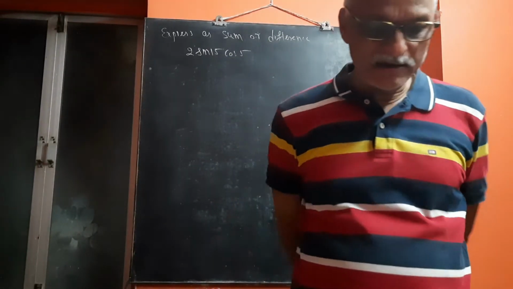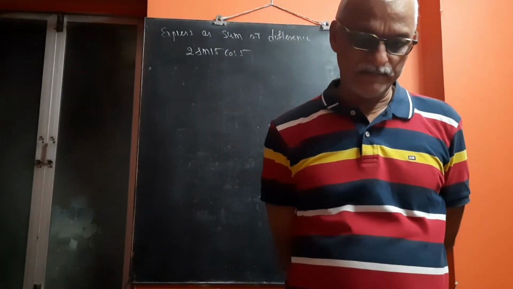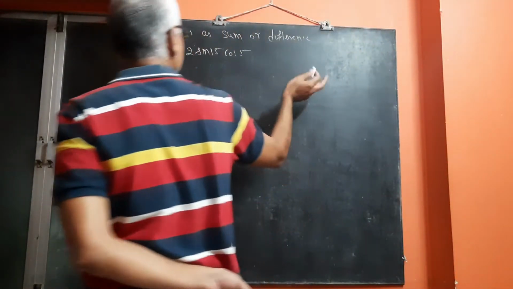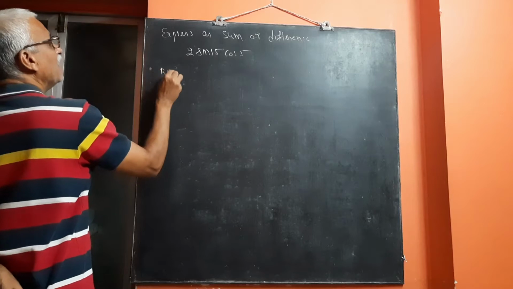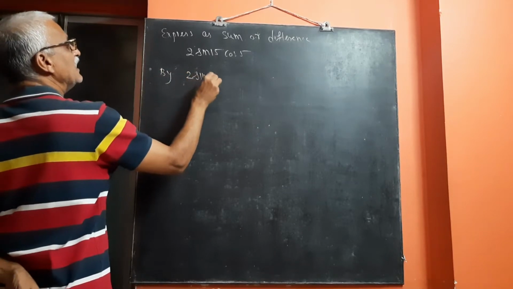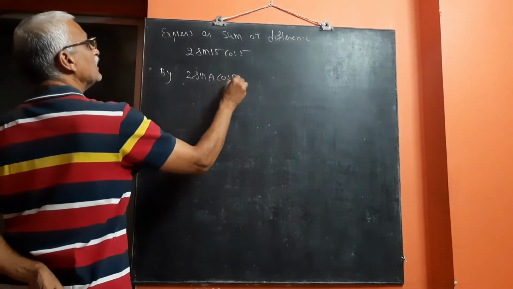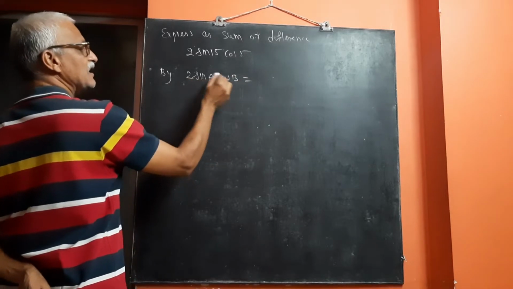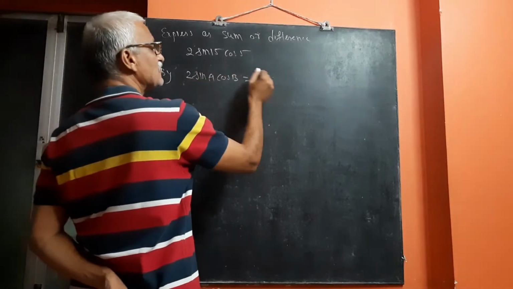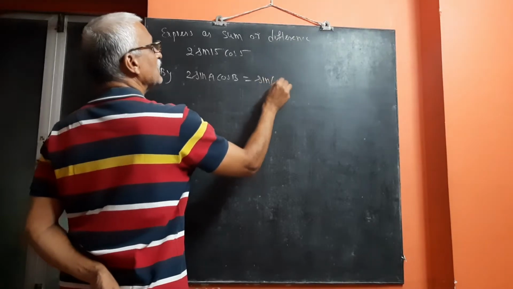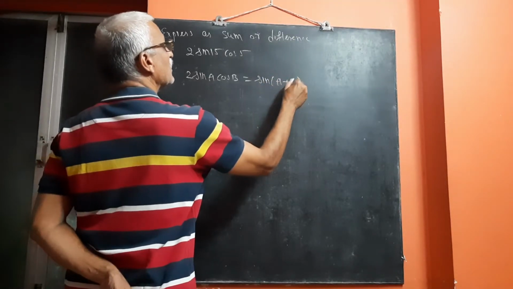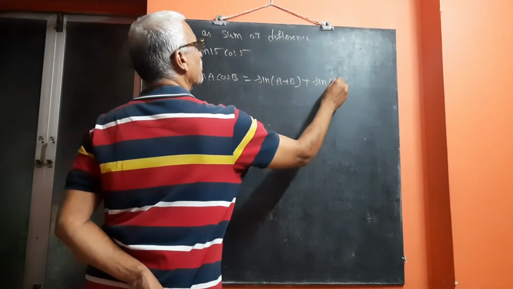That means you have to apply that 2 sine a cos b formula. So the defactorization formula I write here: 2 sine a cos b, multiplication of sine and cos, will be equal to addition of 2 sine, that means sine of a plus b plus sine of a minus b.